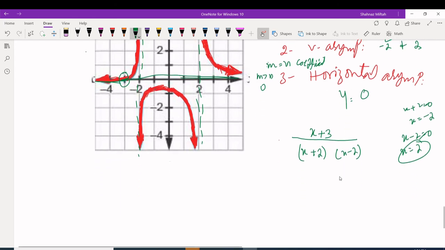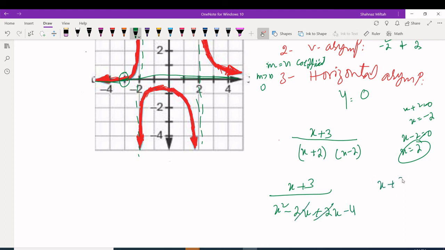So I'm going to see if we are getting this. So x plus 3, use FOIL, distribute: x squared, x times this -2x plus 2x, and I have -4. They cancel out. I have x plus 3 and I have x squared minus 4.